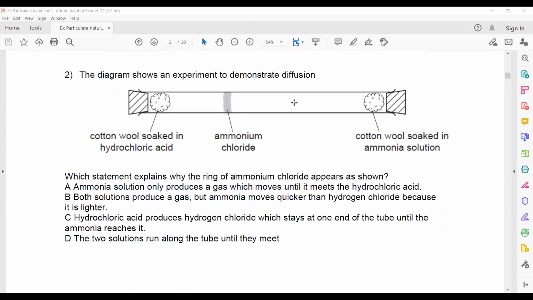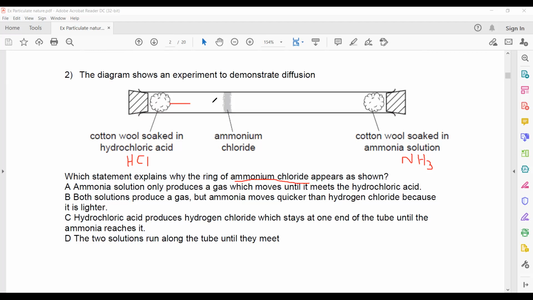The diagram shows an experiment to demonstrate diffusion. On one side we have cotton wool which is soaked in HCl, hydrochloric acid. On the other side is ammonia. When HCl combines with ammonia, it forms a compound we call ammonium chloride.